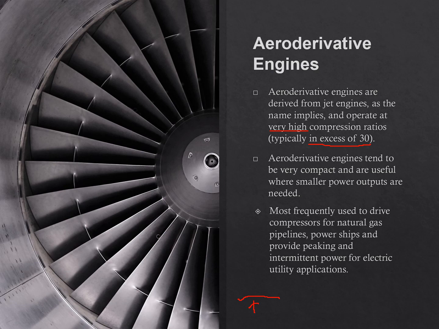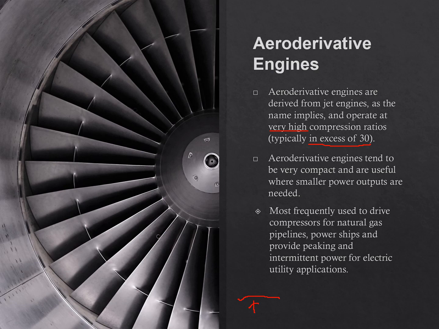Since they're very compact, they're very useful, but they need a whole lot of maintenance, and of course, their power output is also smaller. So if you need a smaller power output, you're going to go with aeroderivative engines.